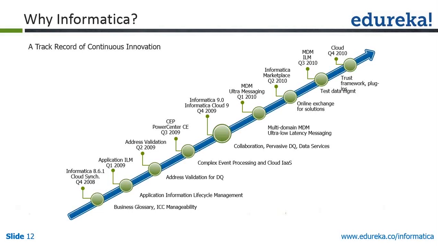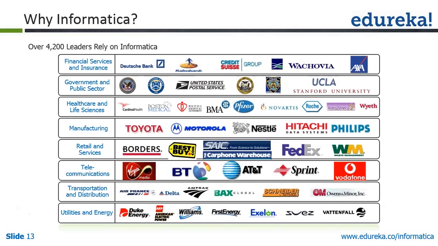Going up to 2010, Informatica introduced a marketplace where it provides templates for its different products, so that people who are using Informatica and have access to the marketplace can download those templates and use those best practices in their particular project. Then we have MDM, ILM, and then Informatica Cloud as well. These are the innovations that Informatica has been performing, focusing solely on data integration projects.